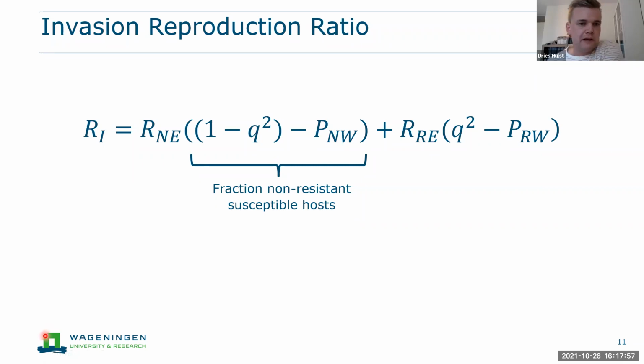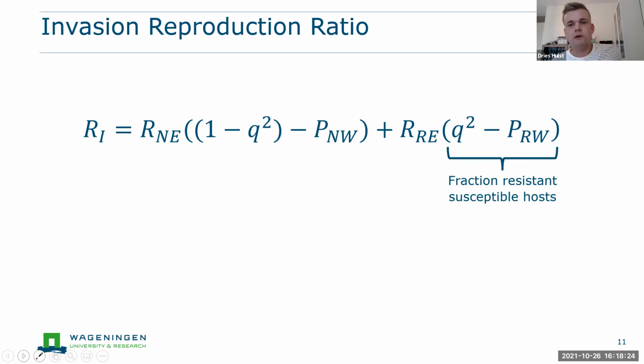So we need to multiply these reproduction ratios with the fraction of hosts that is still susceptible, at the level of their resistance status. So 1 minus Q squared is the total fraction of non-resistant hosts, and P_W is the prevalence, the fraction that is infected with the wild type already. And similar here on the right for the resistant hosts.